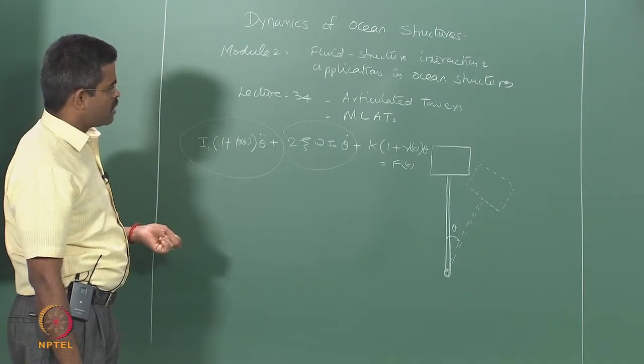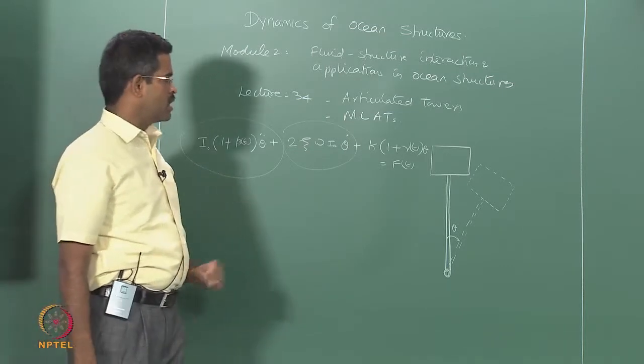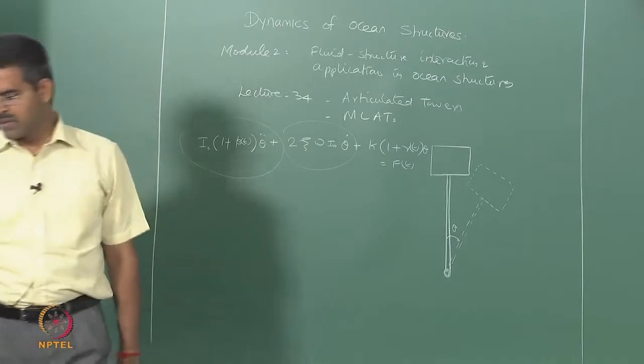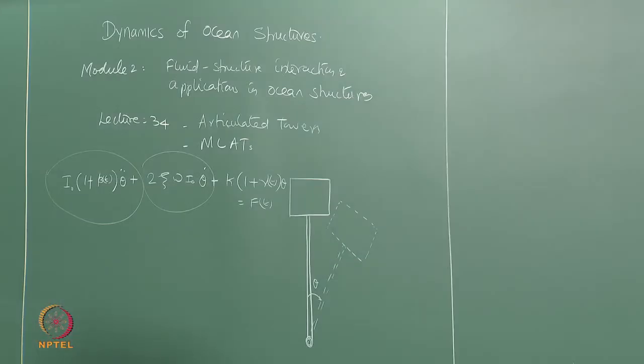So we also tried to find out the overturning moment and the restoring moment, based on which we discussed and derived the value of k. So let us rewrite that equation.